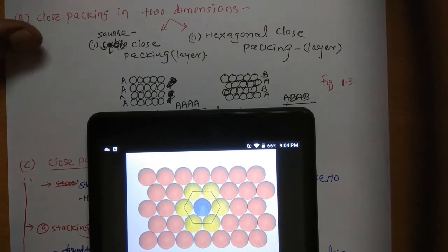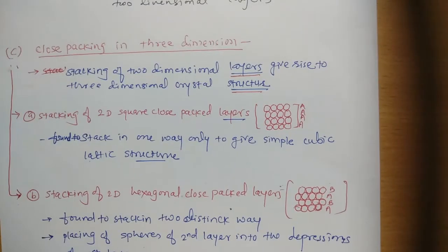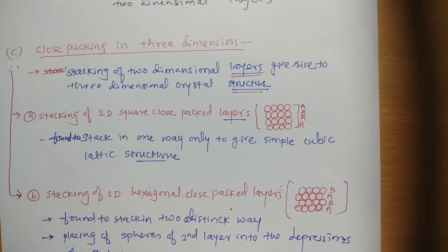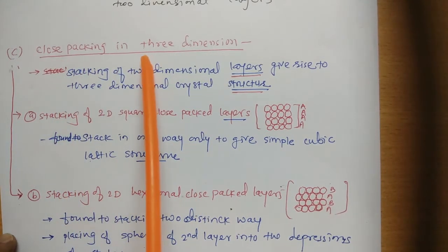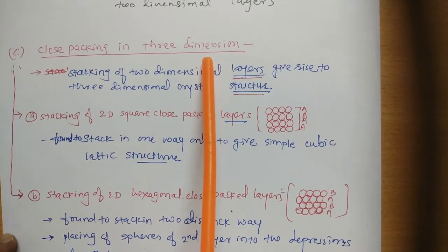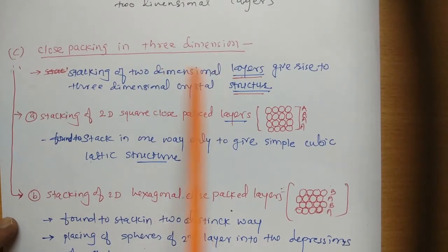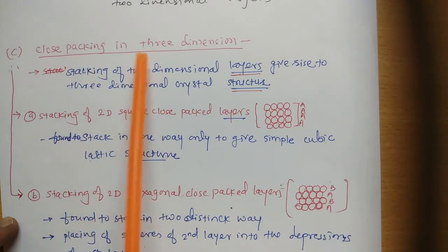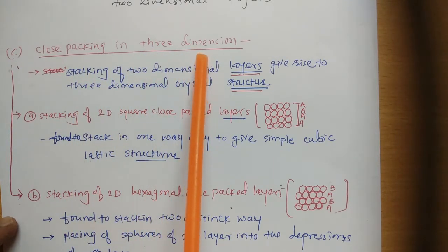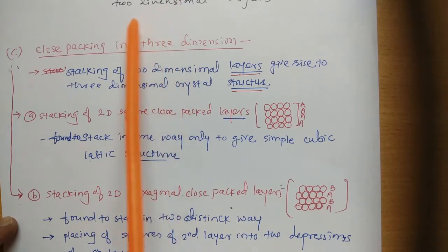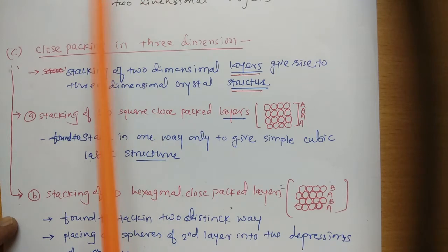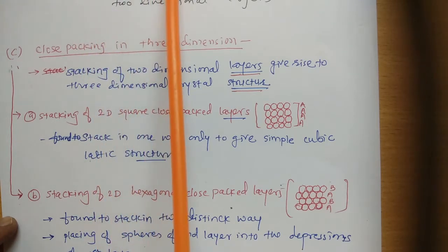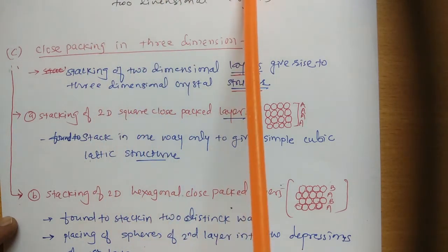Now see the third type, that is closed packing of the spheres in 3 dimensions. We are going to see this now. To achieve the packing in 3 dimensions, we are doing this with the help of the packing of the spheres in 2 dimensions.